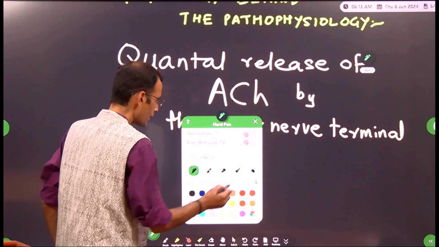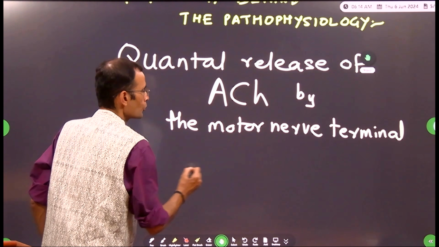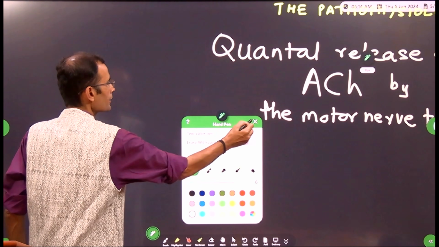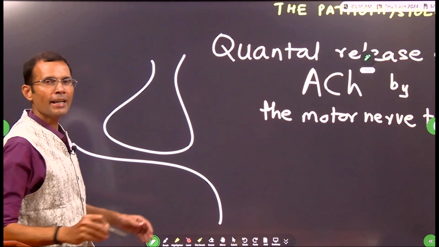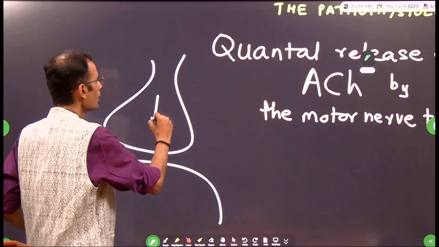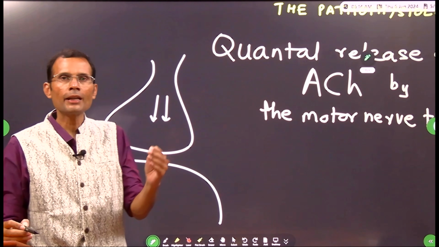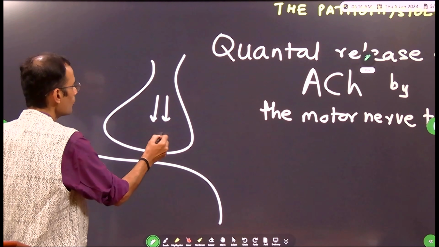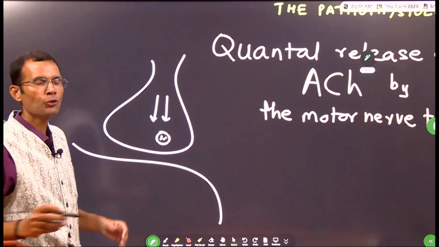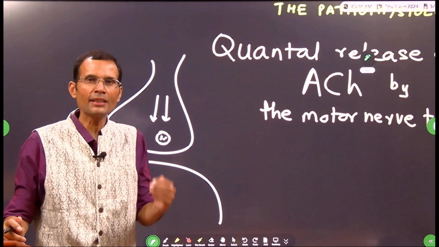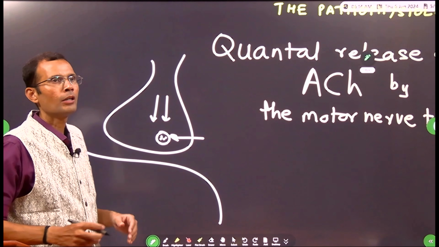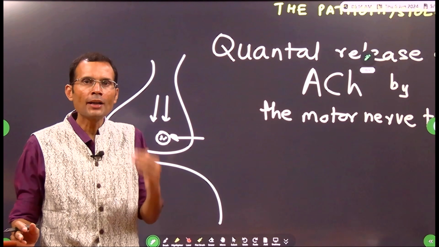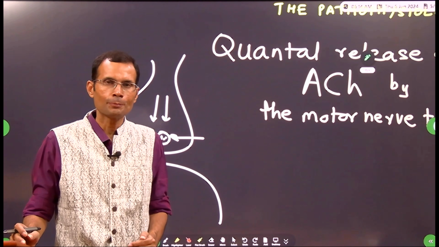Let's have a quick diagram to illustrate this particular fact. Let's say here is a motor nerve terminal, and whenever the impulse arrives, with one impulse there is going to be almost release of 60 vesicles of acetylcholine, commonly described as a quantal release of acetylcholine.